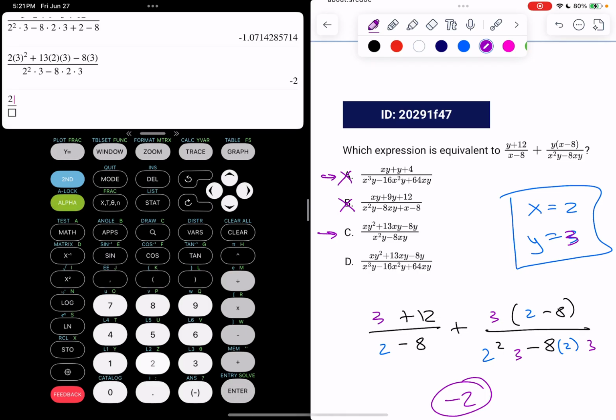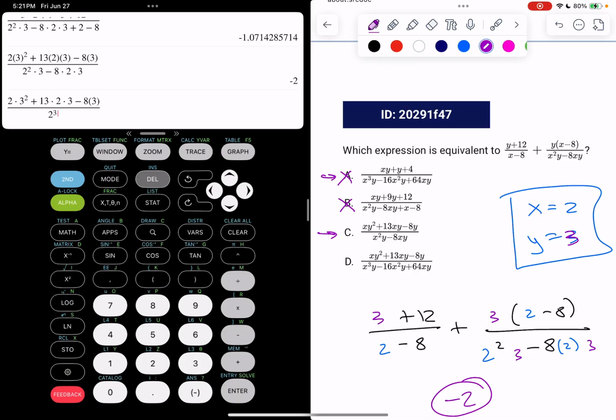So that's 2 times 3 squared plus 13 times 2 times 3 minus 8 times 3. And in our denominator, we have 2 cubed times 3. Oopsies, that's in the numerator.